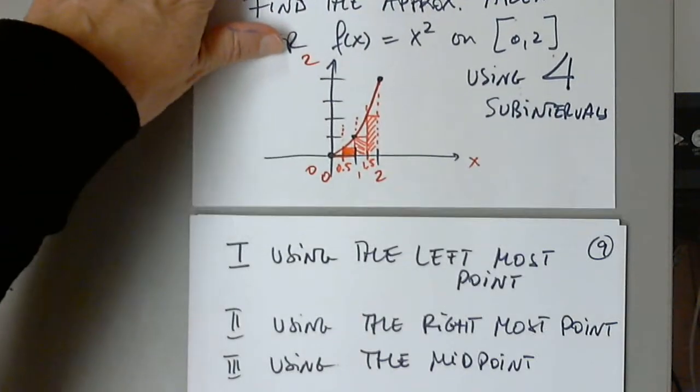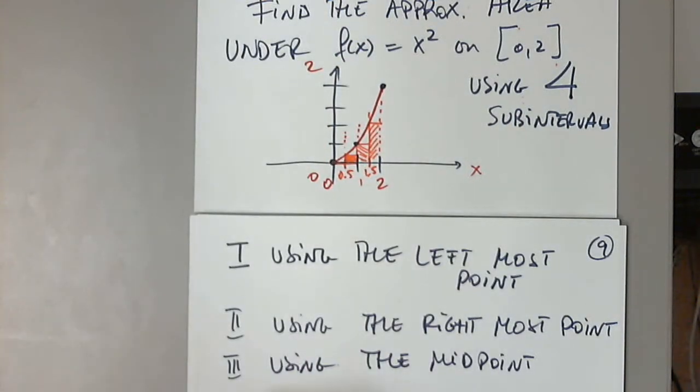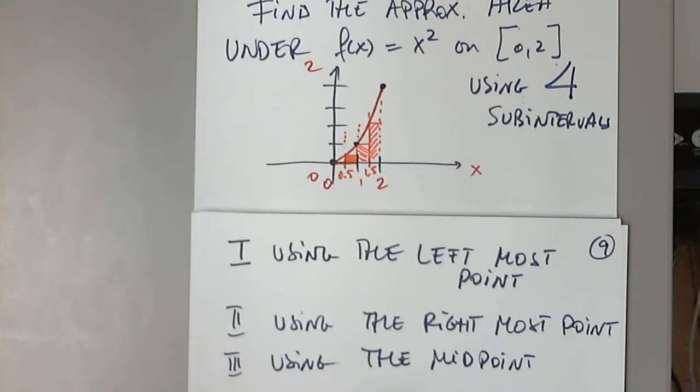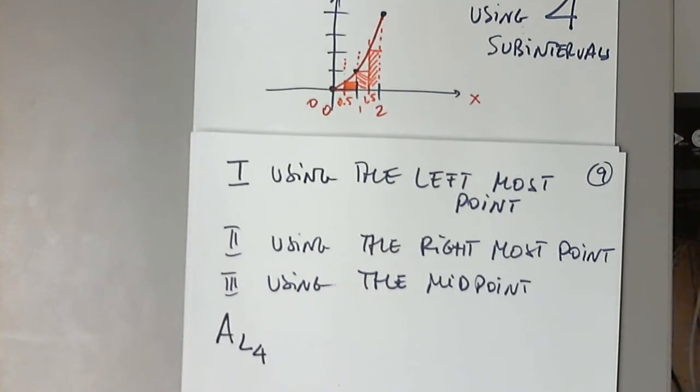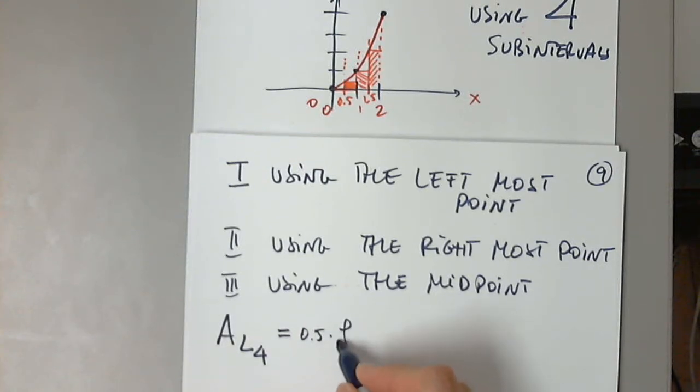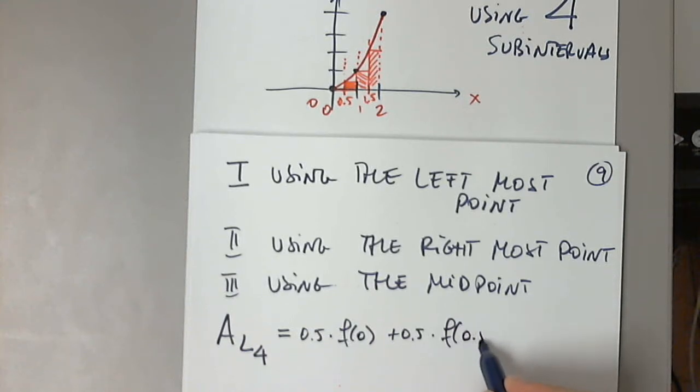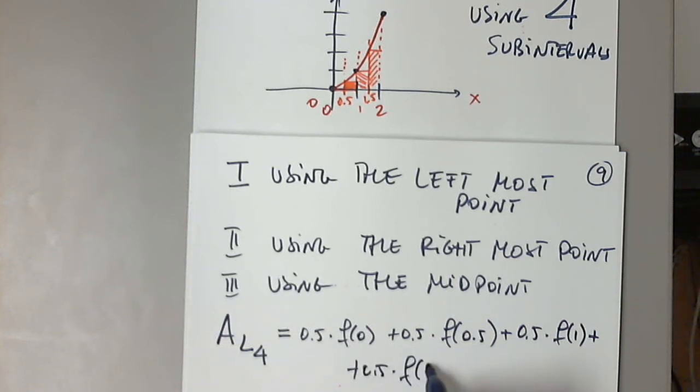Okay, so the area with left 4. This is an approximation. It's not the exact area. And we know now that it's an underestimate. This will be 0.5 times f of 0 plus 0.5 times f of 0.5 plus 0.5 times f of 1 plus 0.5 times f of 1.5.